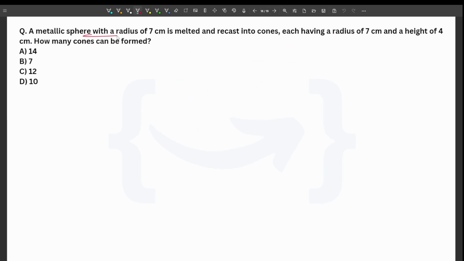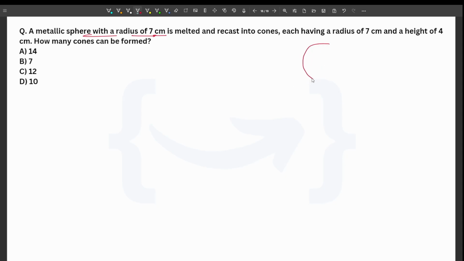A metallic sphere with a radius of 7 centimeter. Okay, let me create a sphere. So this is my sphere, and the radius is 7 centimeter. Okay, this is not a sphere, guys. This is a hemisphere. Oh my bad.